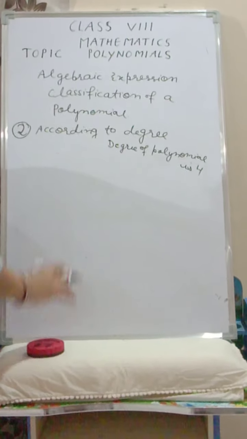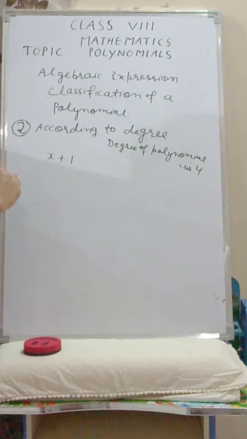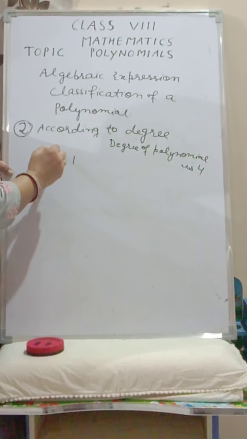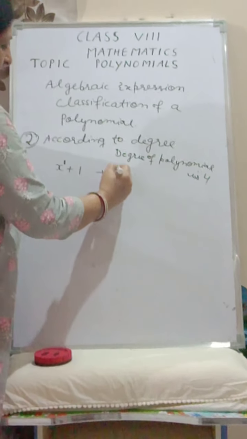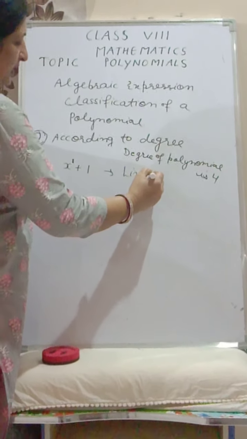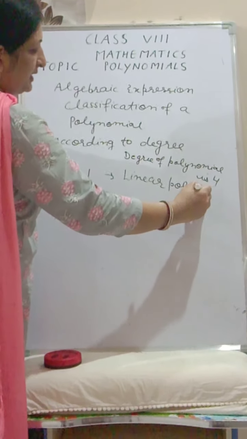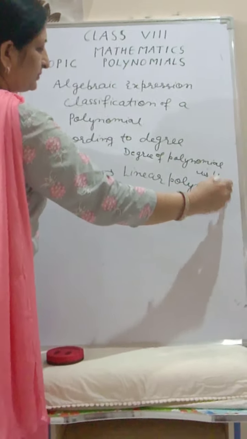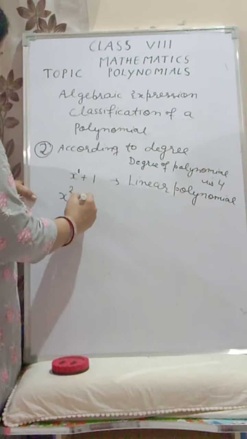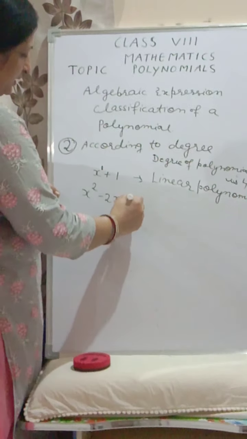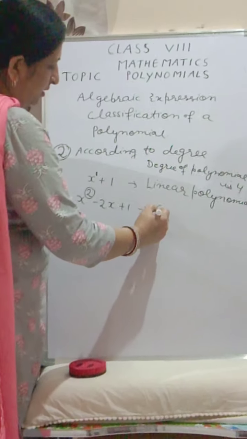When the highest degree is 1, suppose x plus 1, the power of the variable is 1, so it is called a linear polynomial. When the highest degree is 2, x raised to power 2 minus 2x plus 1, then the polynomial is called quadratic.